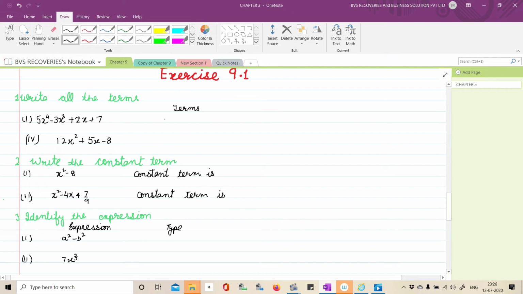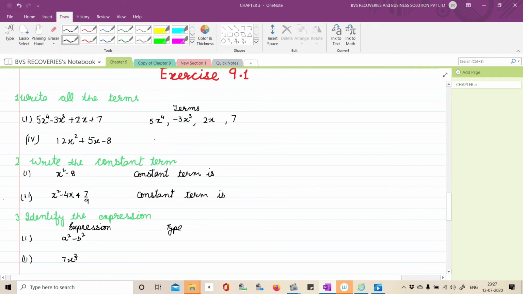So what are the terms here? How will you write? We will write here, the terms are 5x^4, second term is minus 3x^3, third term is 2x, and fourth term is 7. Alright. Same way, the fourth part is 12x^2 plus 5x minus 8.